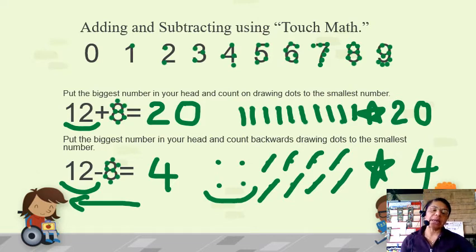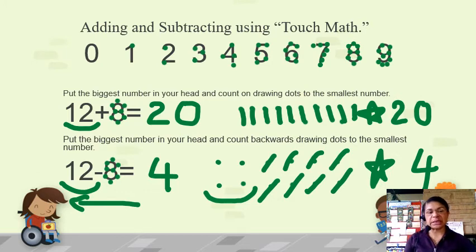When you get an equation and you're going to solve it, you don't have to draw the dots all over it. You take the biggest number and you put it in your head. You draw the dots over the smallest number. And if it is an addition, you count forward. And if it is a subtraction, then you count backwards.